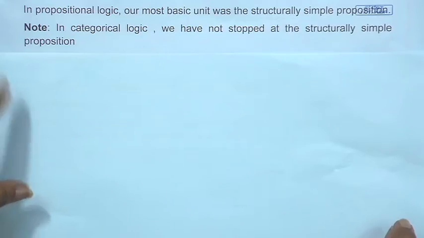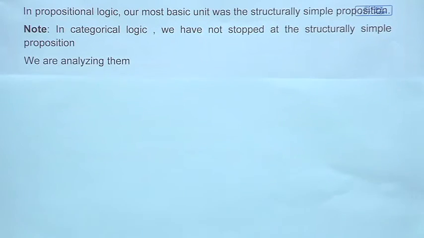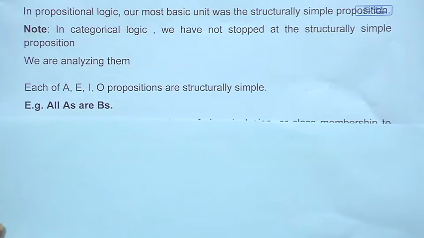Now, in categorical logic we have gone beyond that, in the sense that we have gone inside the structurally simple proposition. We are analyzing them using the class inclusion lens, the class relationship lens. Either there is a relationship or there is none. Somehow we are using this to probe into the structurally simple propositions.